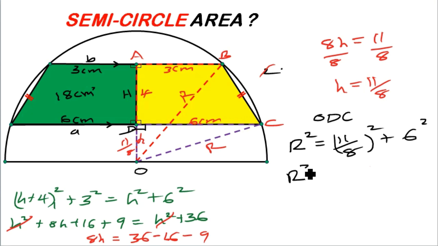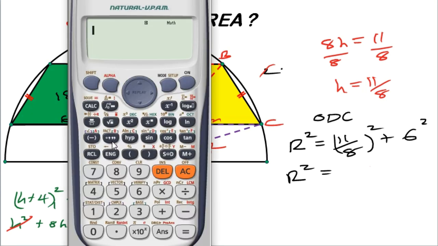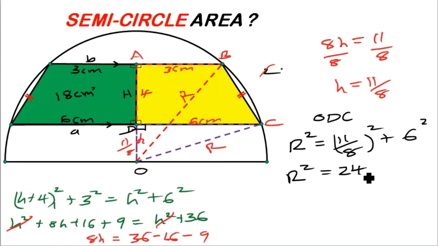So what do we get to be r squared? r squared we found is 11 over 8 squared plus 6 squared. So we have r squared is 2425 over 64.